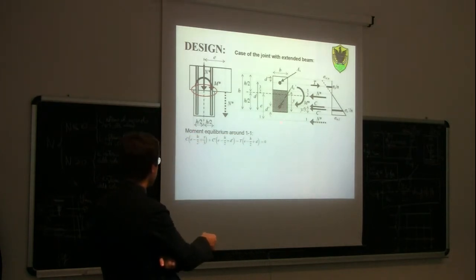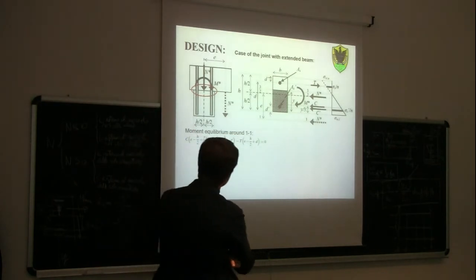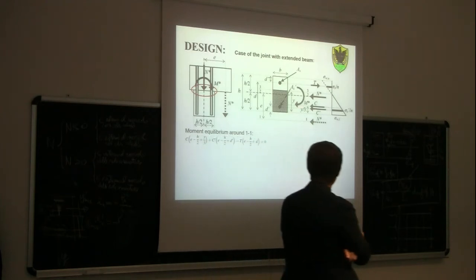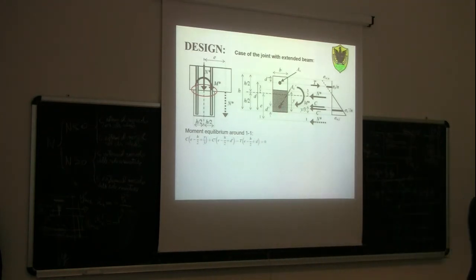Then we have the bending moment of C', which is the compression force acting in the bar glued into the wood. So C' times, again, e minus h divided by 2 plus d'. And then we have the contribution of the bar which is in tension on the opposite side.